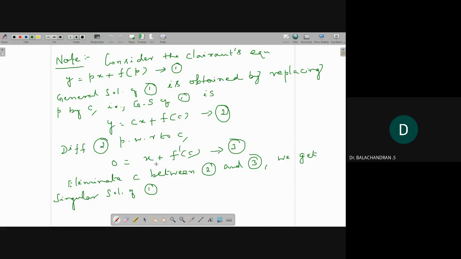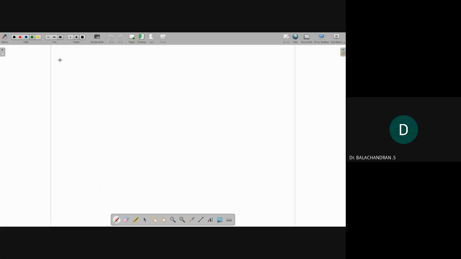Now I am going to give the problem to you. First problem. Find the general solution, just write GS, of p equal to log of px minus 1.